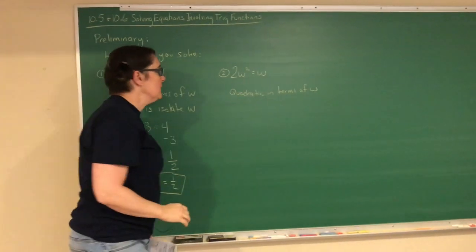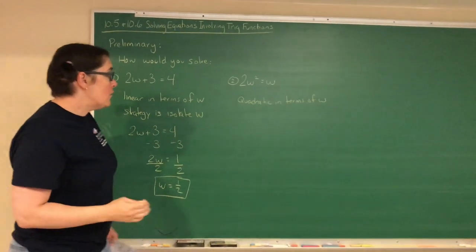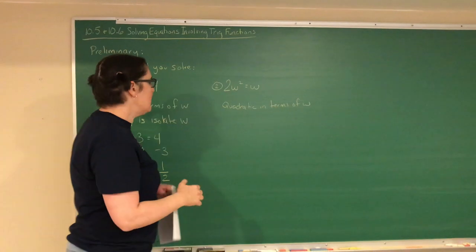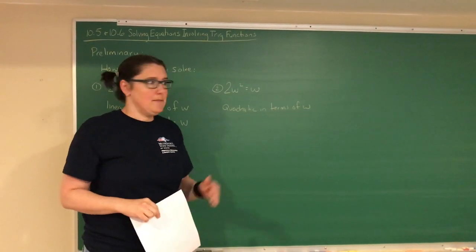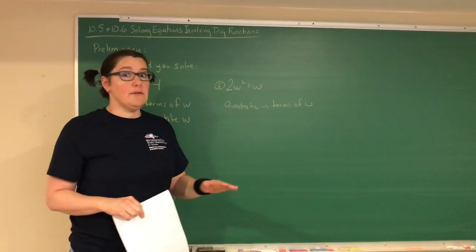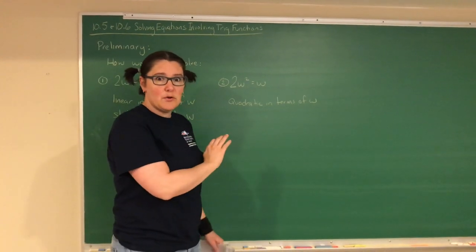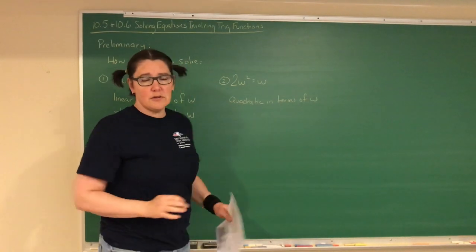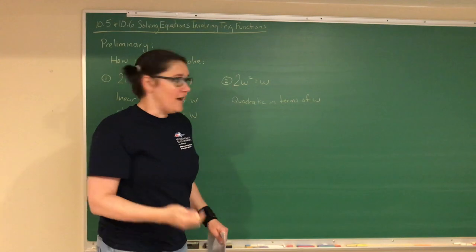On the other hand, this second equation, 2w squared equals w, is quadratic in terms of the variable we're trying to solve for. Whenever you have an equation where you have a variable that is higher than just a power of 1, maybe quadratic, meaning a degree 2, a power of 2 on the w, or even if you have higher powers, then your strategy with this type of equation, typically, there are special cases and special scenarios, but the general strategy is to move everything to one side and then try to factor.